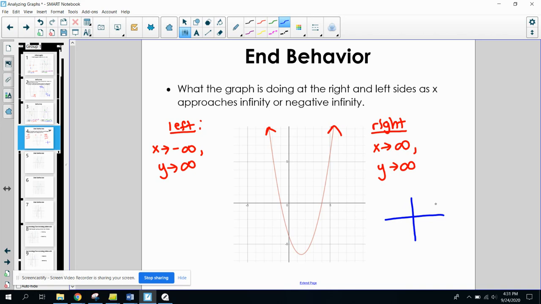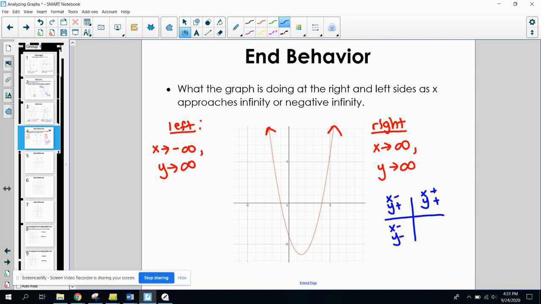Right, so in the first quadrant, which is over here, think about what your x's and your y's are. So in this quadrant, my x's are positive and my y's are also positive. In the second quadrant, my x's are negative and my y's are positive. Right, so just think about picking a point in the quadrant. If I'm in this third quadrant, my x's are going to be negative and my y's will be negative.